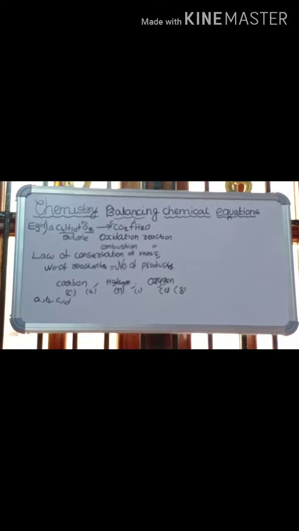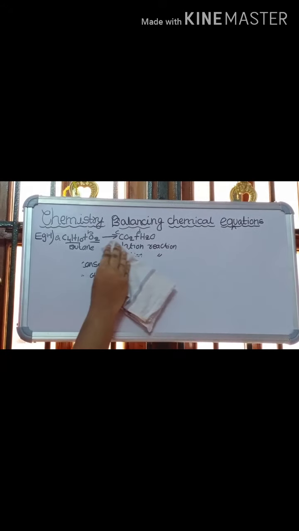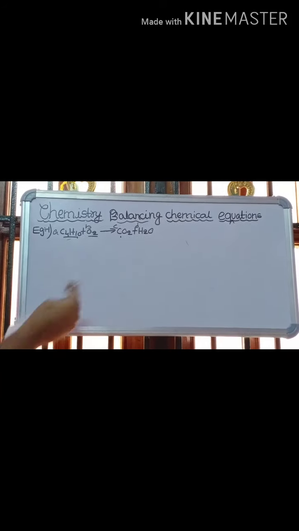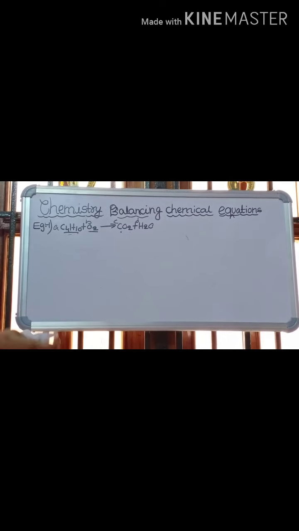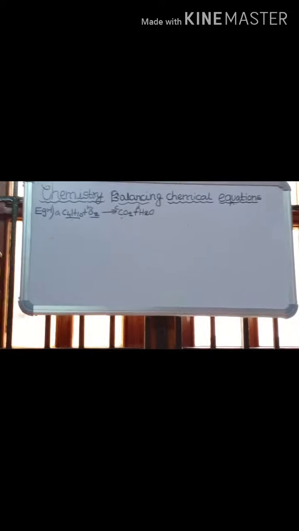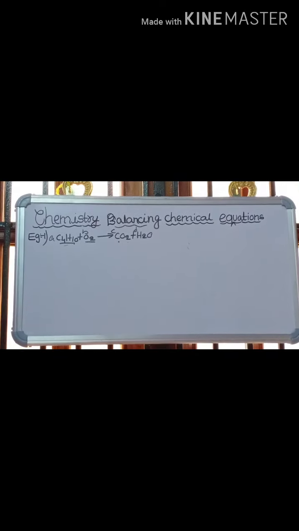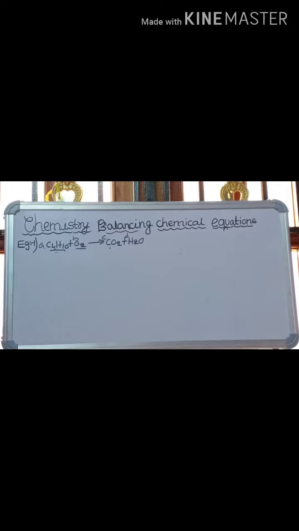I will erase and include it again. What I wrote before was the law of conservation of mass, and the number of reactants equals the number of products, and I just wrote the reaction names. Remember that it is an oxidation reaction, also a combustion reaction, and I also told the law which is applied here.